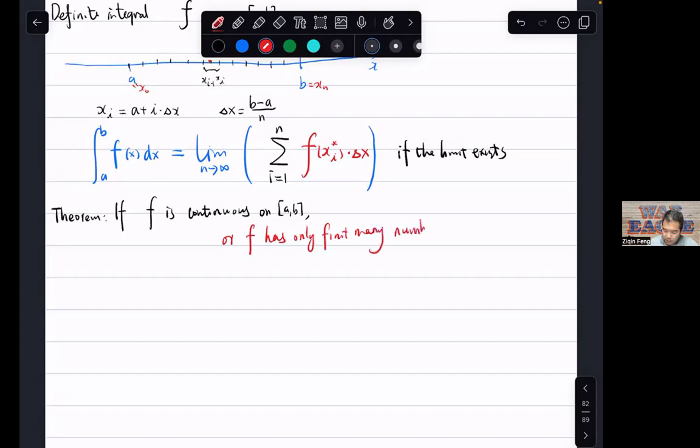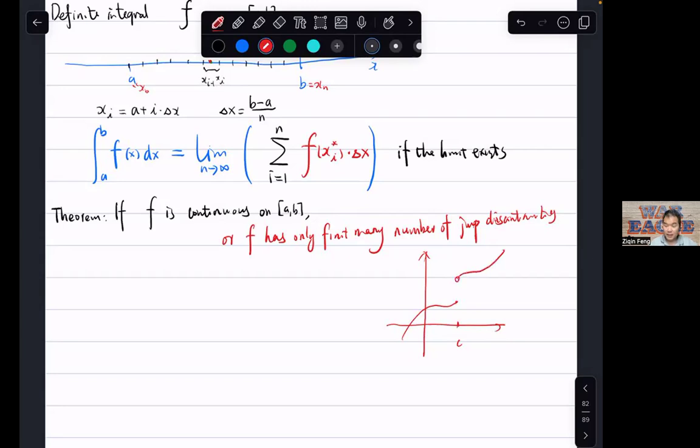jump discontinuities. What's the meaning of that? At this point, let's call it c, the function doesn't go to infinity, but the left limit and right limit are both finite numbers.